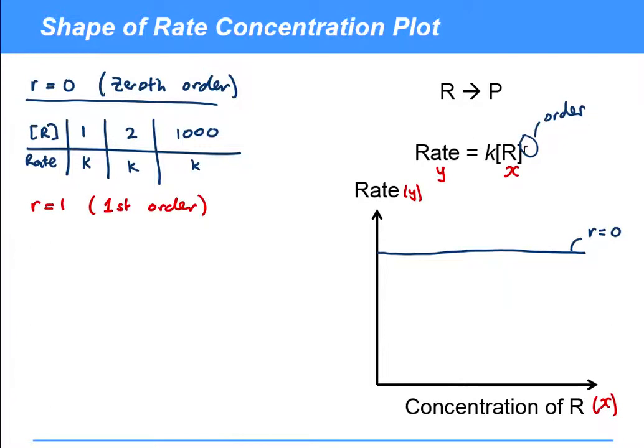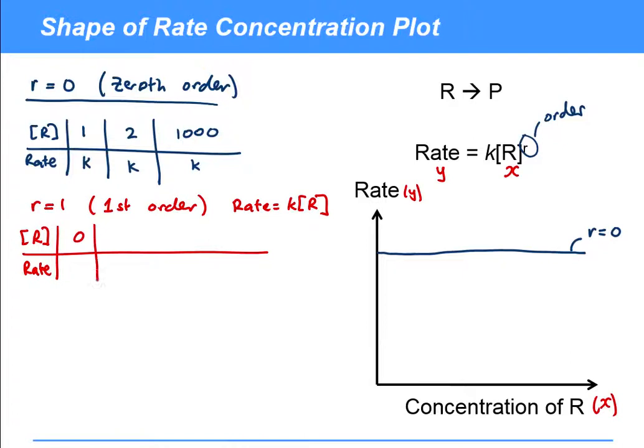In this case here, it's a directly proportional relationship, so I'll just write it out there. Rate equals K times R. So in this case, if we were to draw up a little table of values again, then the rate concentration here, rate there, concentration of 0, we'll just start off with, well, K times 0 just makes 0, K times 1 makes K, 2, 2K, 3, 3K, and so forth.